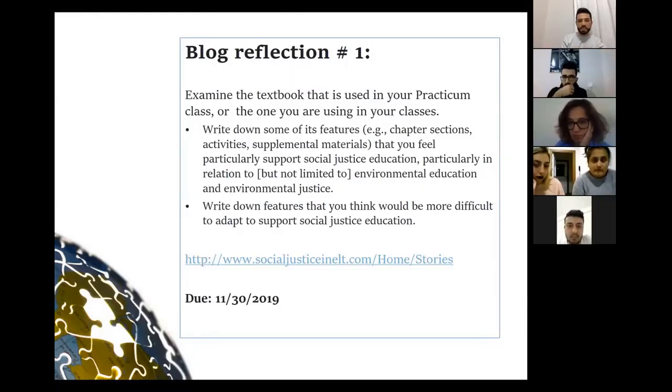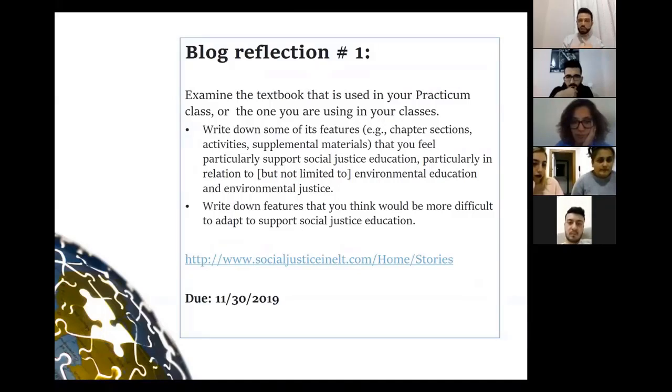We're going to examine the textbook that is used in our practicum class, or, if you are teaching, the textbook that you use in your classroom, and write down some of its features, such as chapter sections, activities, and supplemental materials that you feel particularly support social justice education, particularly in relation to, but not limited to, environmental education and environmental justice.